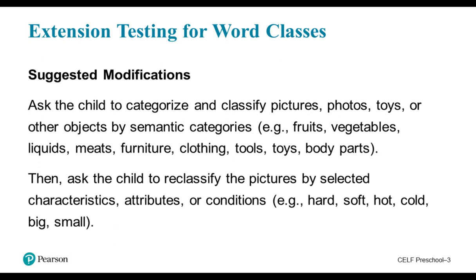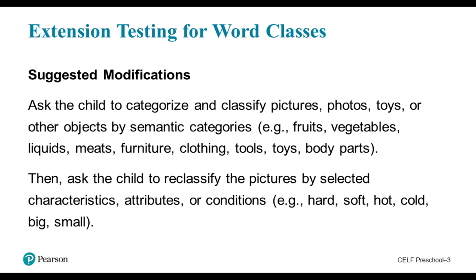A suggested task would be to ask the child to categorize and classify pictures, photos, toys, or other objects by semantic categories, such as fruits, vegetables, etc. Then ask the child to reclassify the pictures by selected characteristics, attributes, or conditions, such as hard, soft, hot, cold.